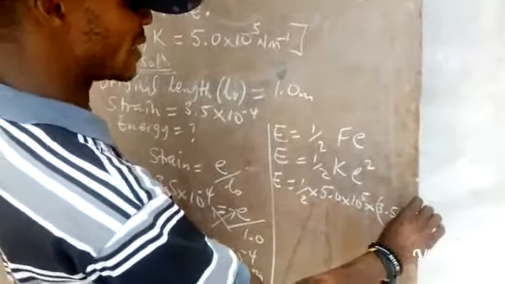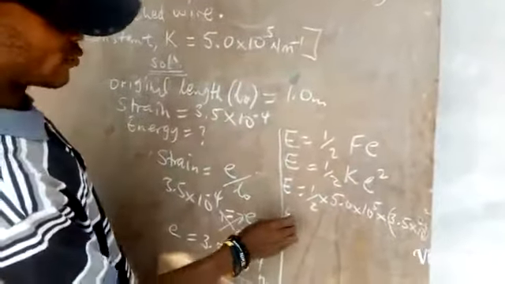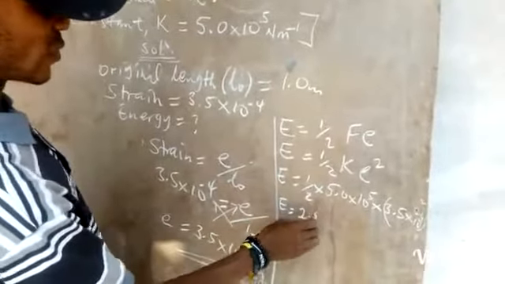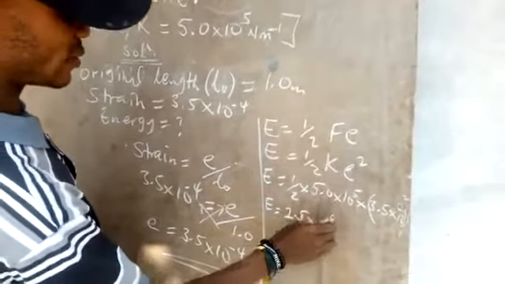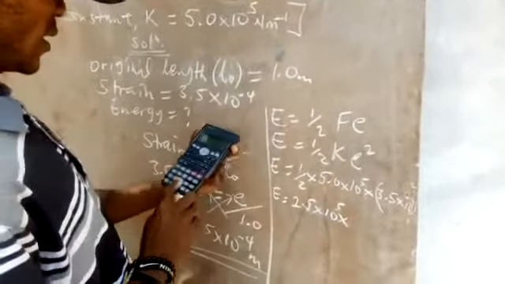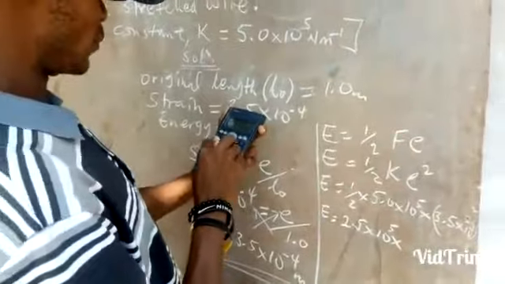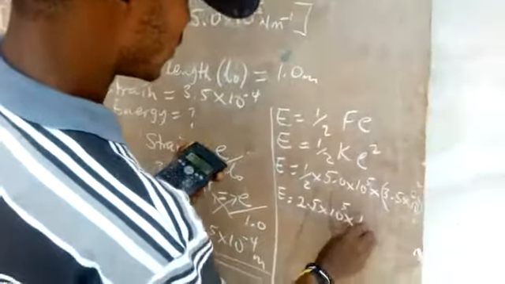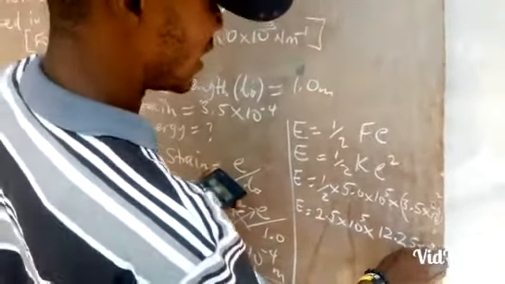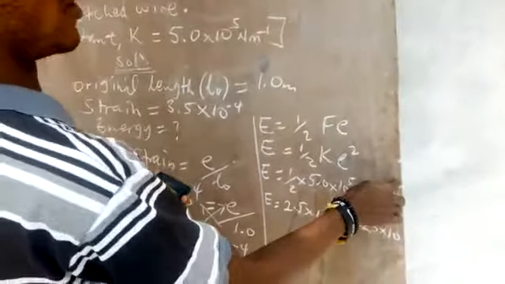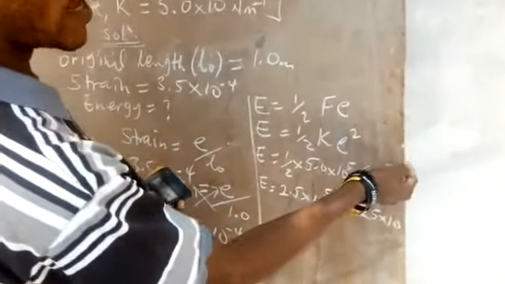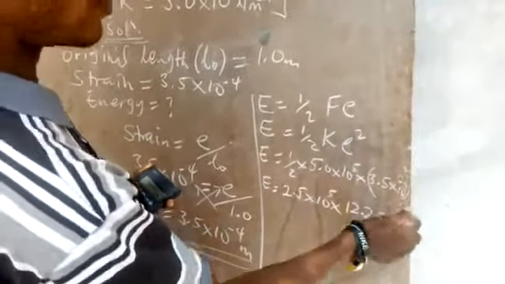But everything is squared, it's a square term, so you square that. 2 goes into 5 is 2.5 times 10 to the power 5, times 3.5 square, which gives us 12.25 times 10 to the power minus 4 raised to power 2. When you have two powers, you multiply them. Minus 4 times 2 becomes minus 8.